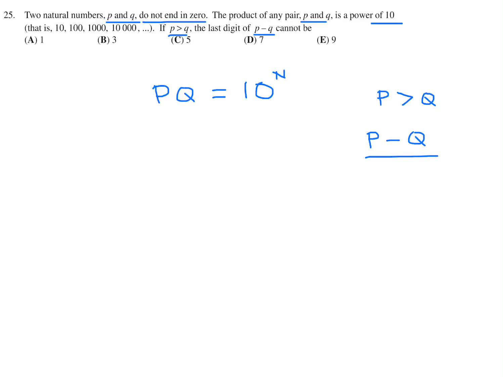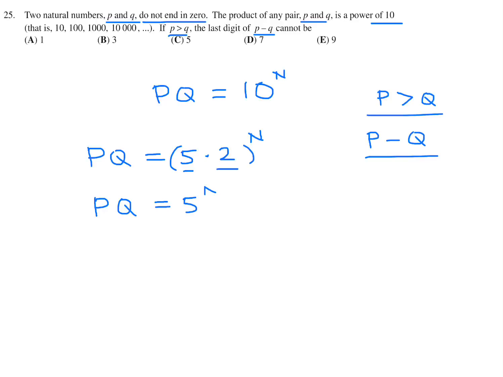So the first thing I noticed is not much information is given, but we can work with this. 10 to the power of n is broken up into 5 and 2, like that. And since P is greater than Q, I will let P equal 5 and Q equal 2.